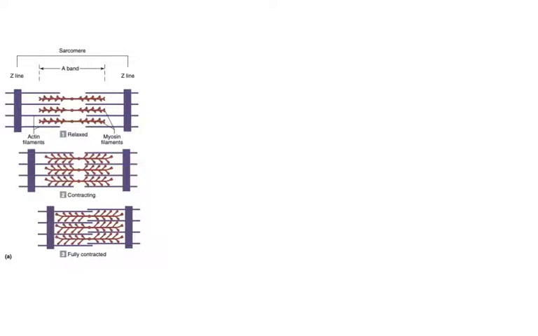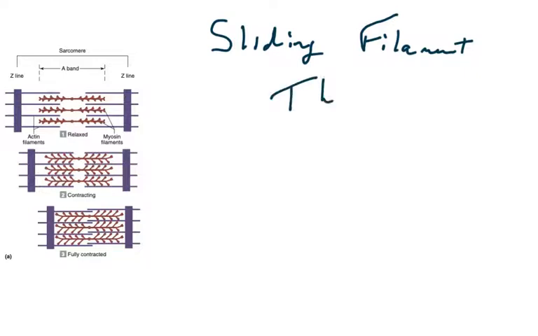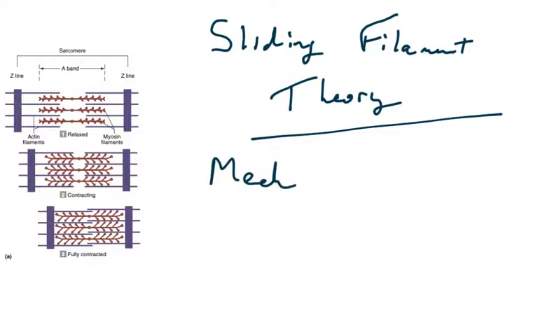Now, when relating the sarcomere and skeletal muscle anatomy to movement or mechanical energy, there's this theory denoted as the sliding filament theory. And essentially what the sliding filament theory states is it's the mechanism by which muscles contract.